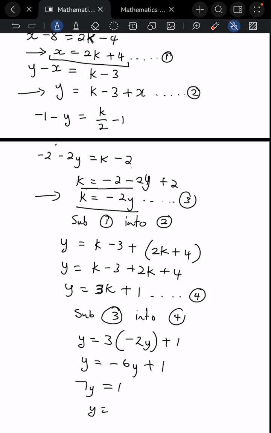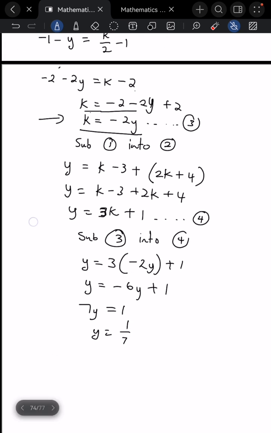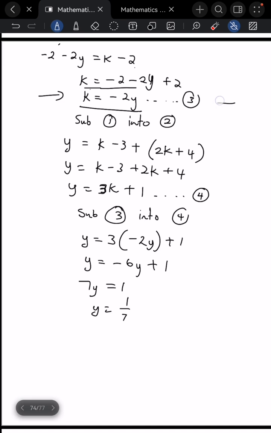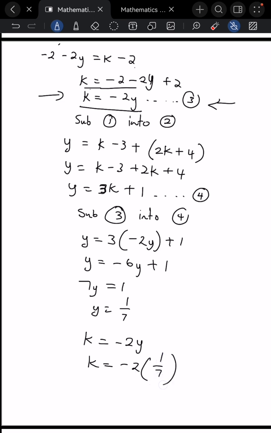Therefore y = 1/7. Since equation number 3 states that k = -2y, k = -2 times 1/7, so k = -2/7.